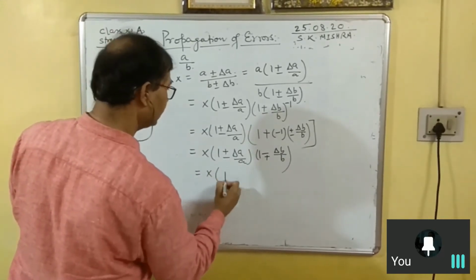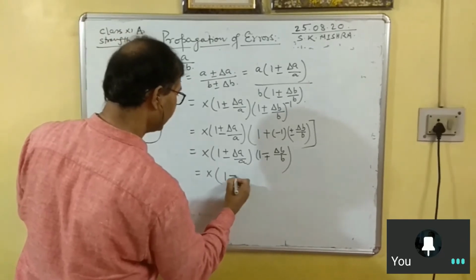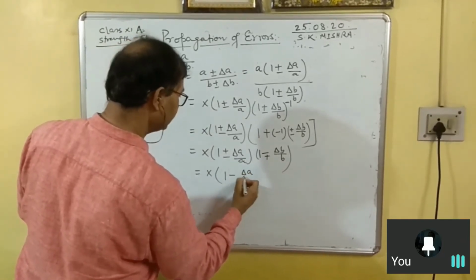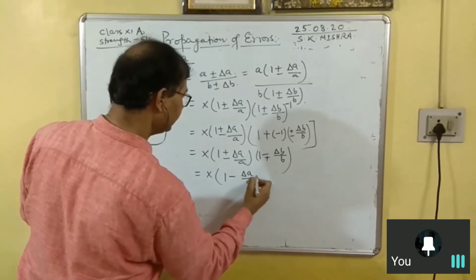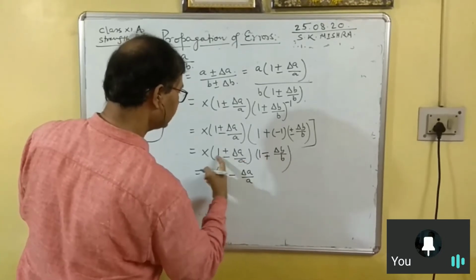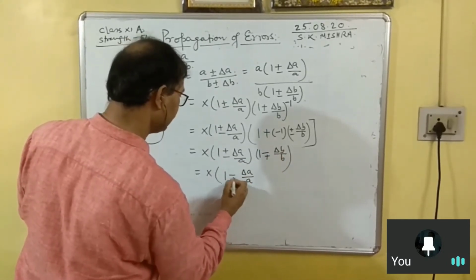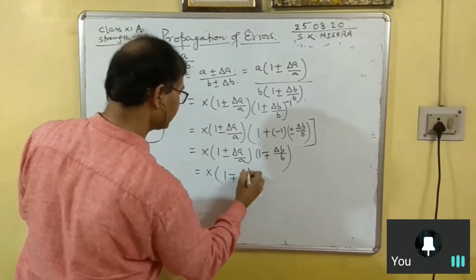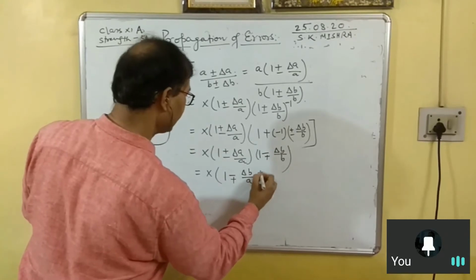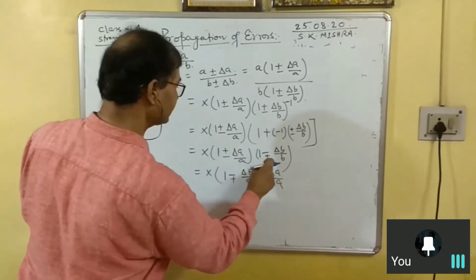So 1 into 1, then 1 into this, so minus plus delta b by b will come first, then this into this, plus minus delta a by a, and then multiply these two.